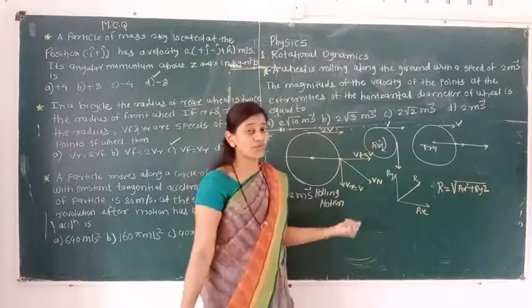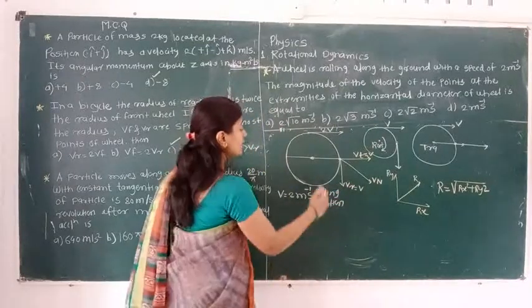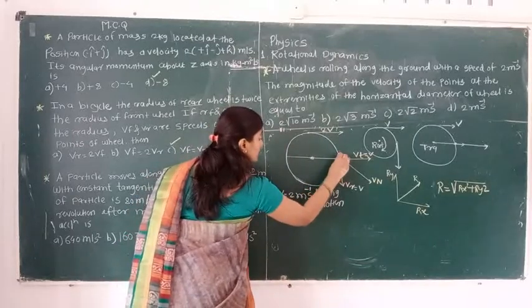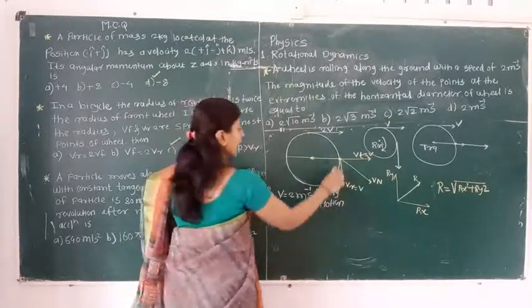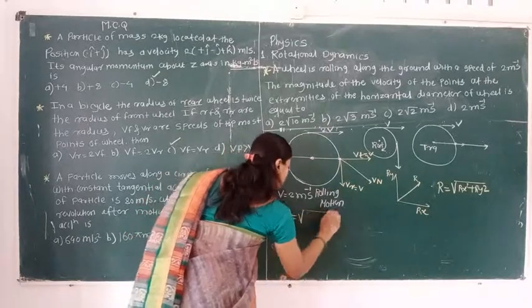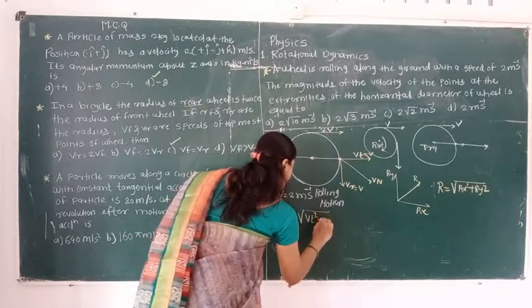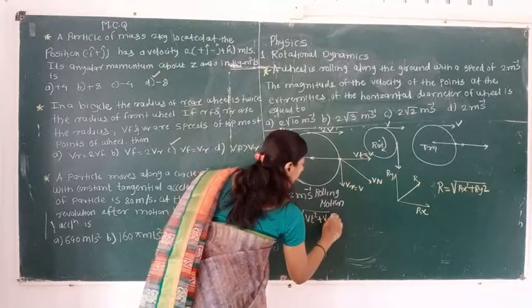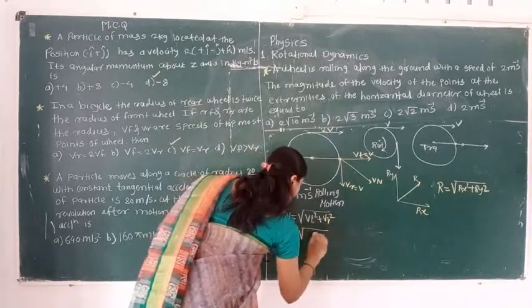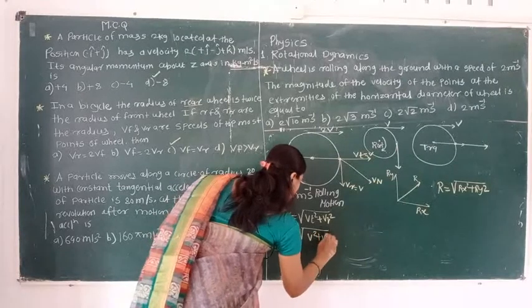So here we have to find the net velocity, the magnitude of velocity at that point. Vn is equal to the square root of Vt square plus Vr square, which is V square plus V square.